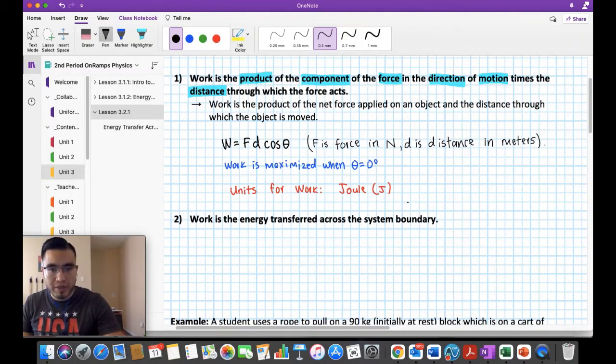It says, work is the energy transferred across the system boundary. So work is energy transferred, right? Energy transfer is work. In this case, we can say net work. Don't forget that net is the sum total, just like when we had net force, the net work equals the change, that's delta, of kinetic energy.